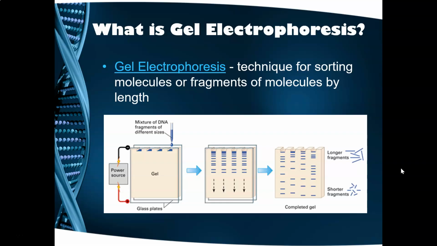We'll chop it into pieces and we'll then run that, what we call digested DNA, through a gel electrophoresis. And the point here is that this technique allows us to sort molecules by fragments and sort them specifically by length. So how long are these DNA fragments, based on the number of base pairs that are there?